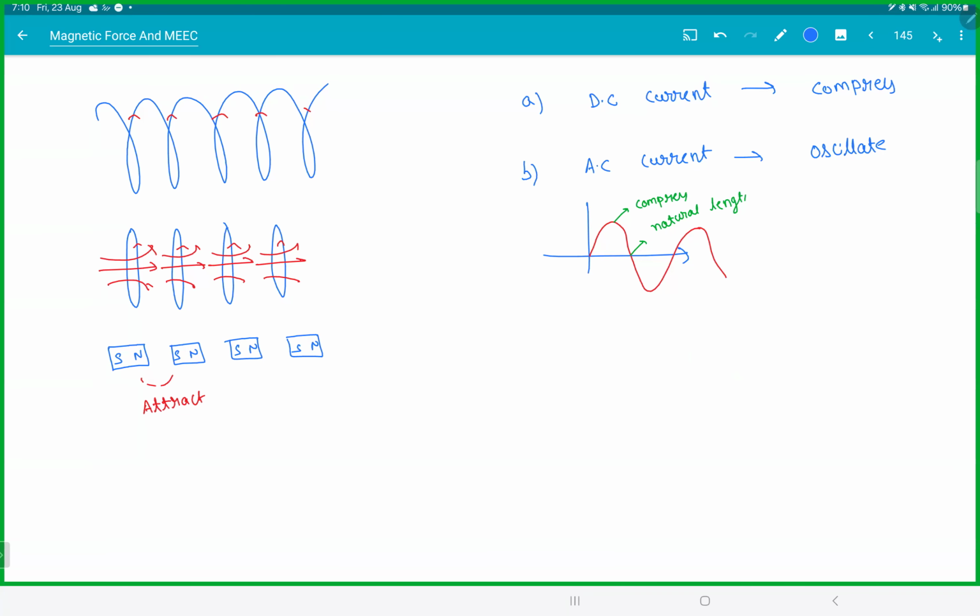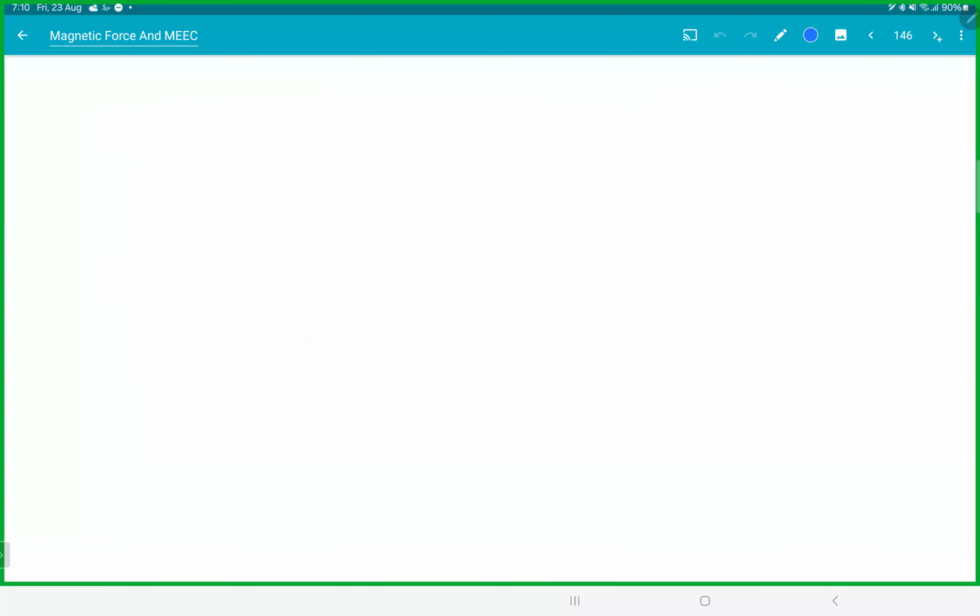So the next thing is Ampere's law. Now, Ampere's law is again an experimentally derived one.